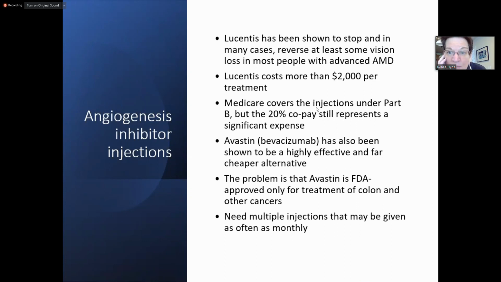But eventually both of these meds will be off of patent, and generic medications will be more readily available, and hopefully the cost will come down. With these angiogenesis inhibitor injections, they often will need multiple injections and sometimes can be as often as monthly to prevent the development of those vessels.